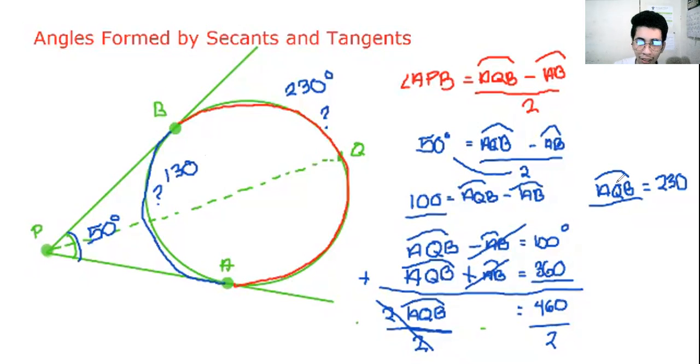Kasi kapag dalawang tangent yung nakalagay, buong circle na yung sakop natin sa arc, diba? So, kahit angle lang yung ating nandito, pwede nating malaman yung measure ng dalawang arc natin doon. So, si arc AB natin is equals naman siya kay 130. Naunawaan natin? Medyo tricky itong isang to.